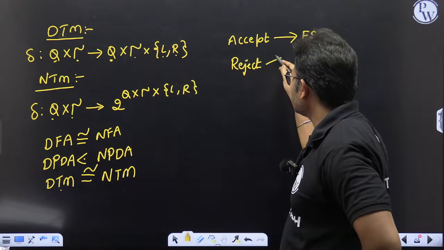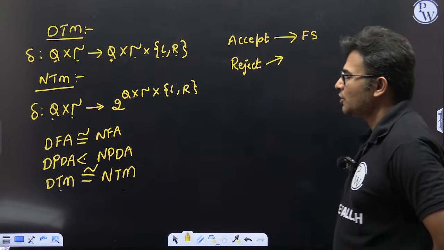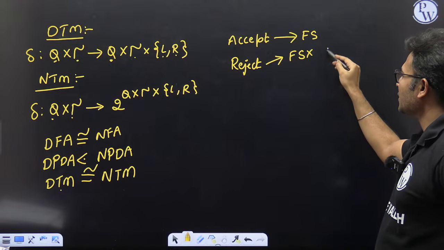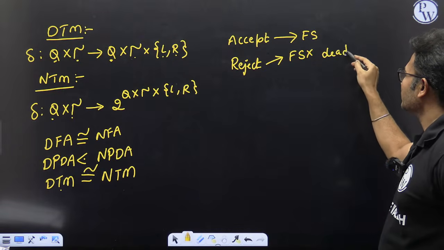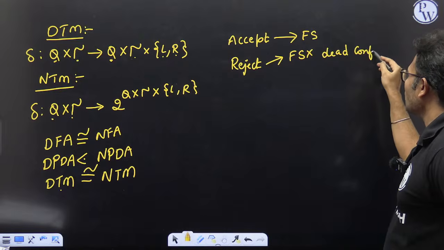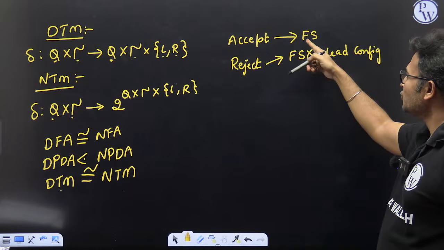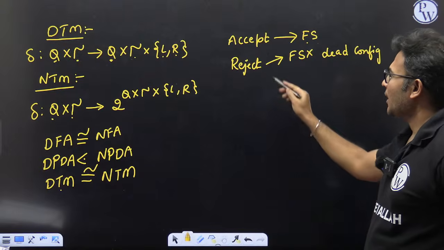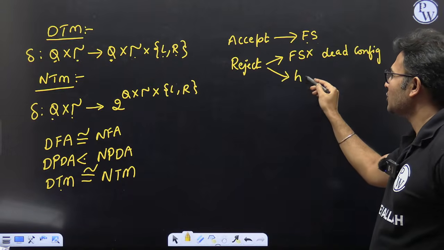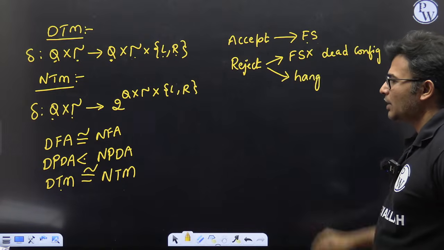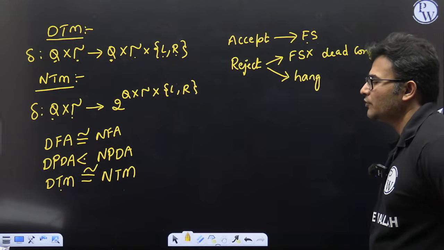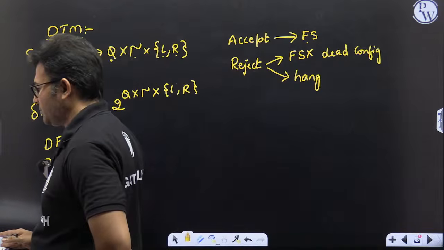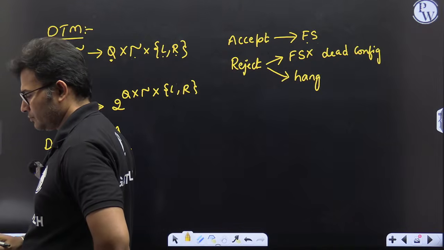It will reject a string if it does not stop in a final state and it comes across a dead configuration. I will show you what a dead configuration is. Even when you reach a final state, sometimes you may get a dead configuration. And the second way of rejecting is that it will hang. It will not stop.